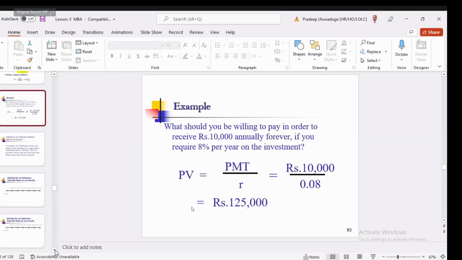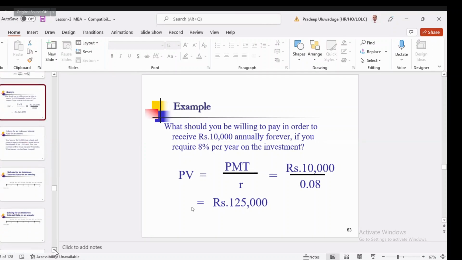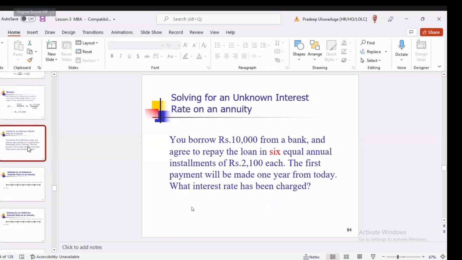We can calculate only present value of perpetuities because if you talk about future value, you have to give a time demarcation, then it becomes an annuity. Yes. Solving for an unknown interest rate on an annuity.